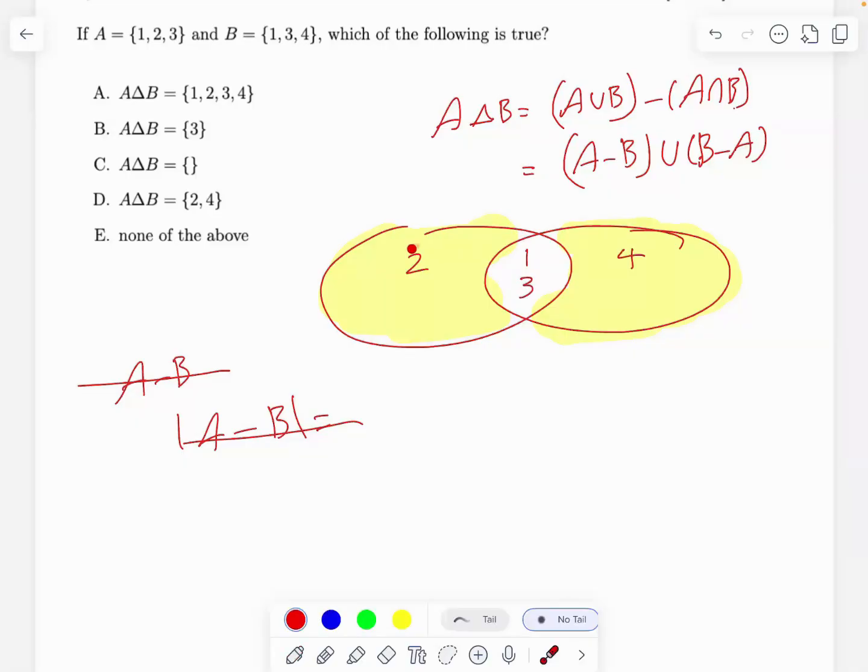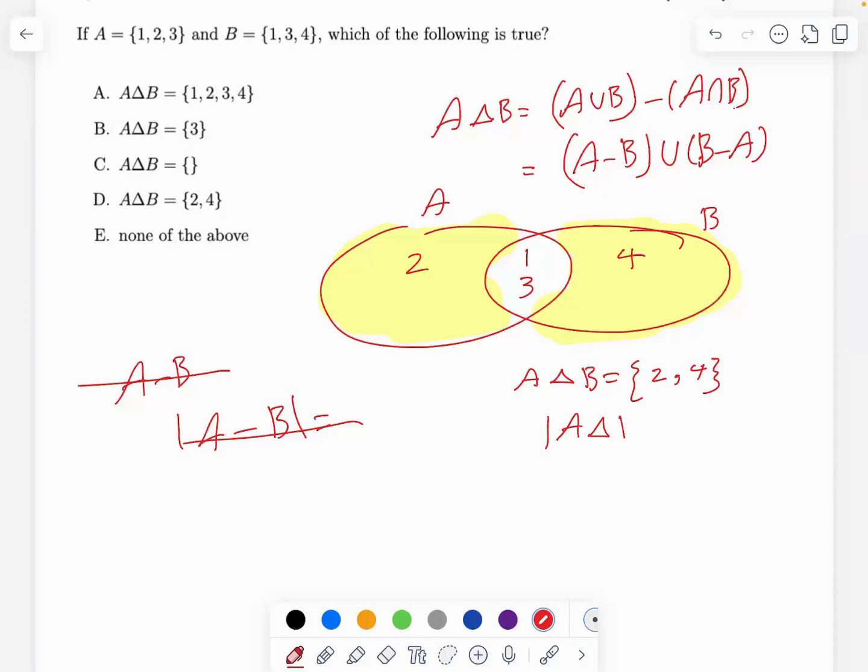So you see that 1, 2, 3 for A. Okay, so A symmetric difference B is 4. What's the symmetric difference cardinality? Extra question: what's the cardinality of symmetric difference B? 2. A minus B. What's A minus B? 2. All right.